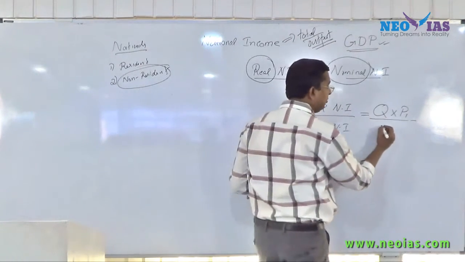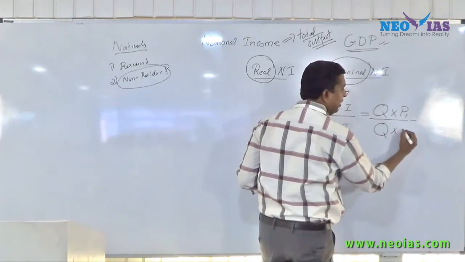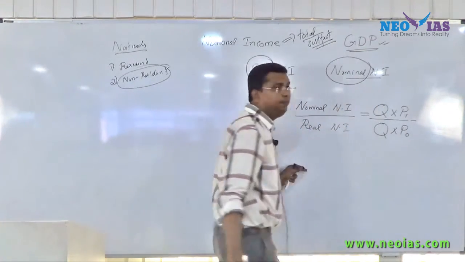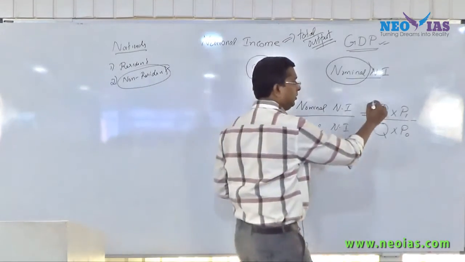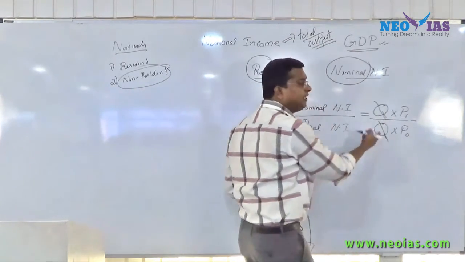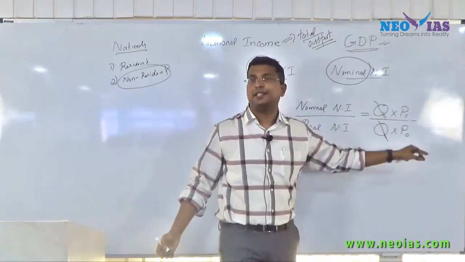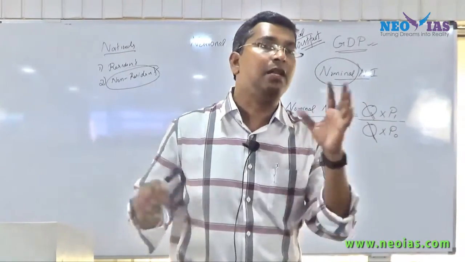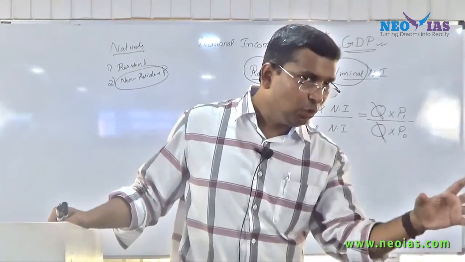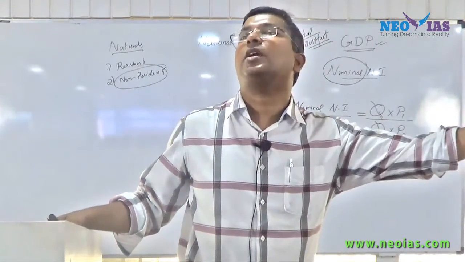And in real national income, it is the quantity produced at P0, the constant price. Quantity is the same. What is the difference? The price differential in relation to the final goods and services produced for a particular year.